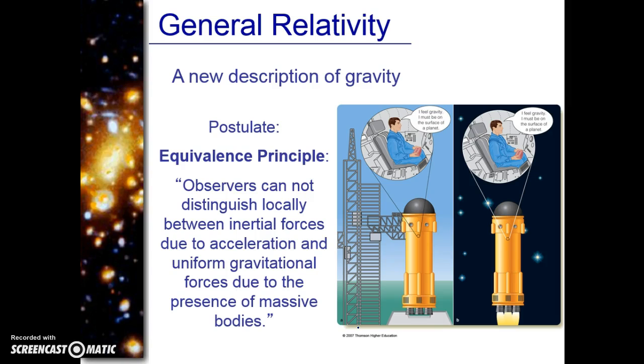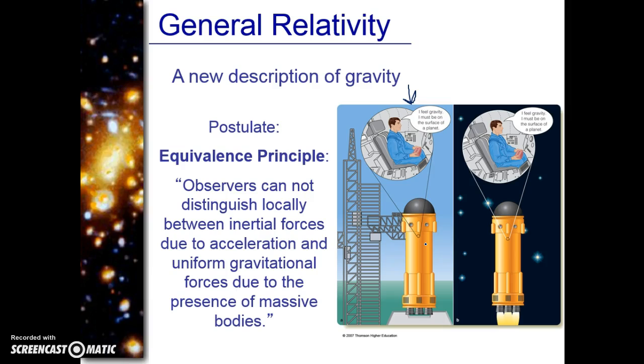So if we take an astronaut or a person and we stick them inside of this spaceship, and it doesn't have any windows, it's a windowless spaceship, and it takes off. Because it's windowless and there's nothing to relate their position to, nothing relative to compare to, the person inside is not going to be able to distinguish between the force of gravity and the inertial forces produced by acceleration of the spaceship.